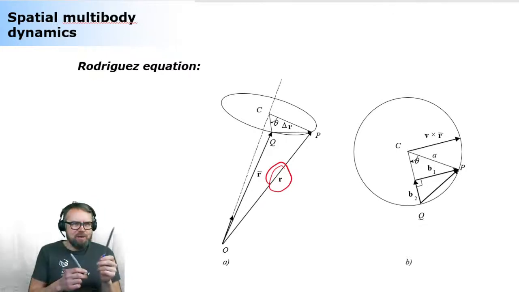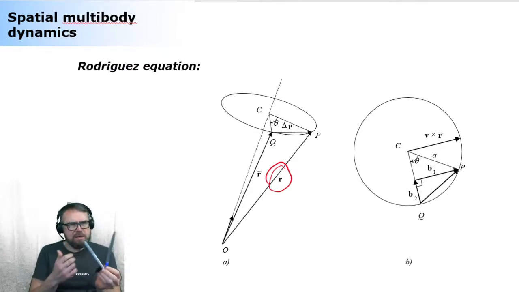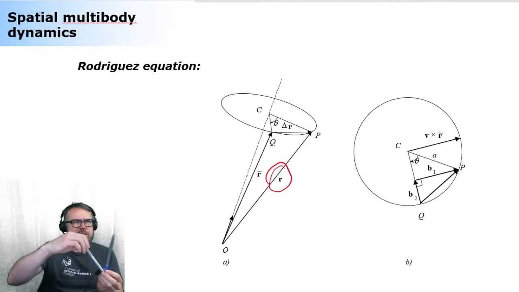All right, so what I will do then is introduce an additional vector that is unit in length, unit length vector v. And I'm going to attach this unit length vector to the origin of my vector r. Now I'm going to do this changing of orientation with the help of this unit vector v.